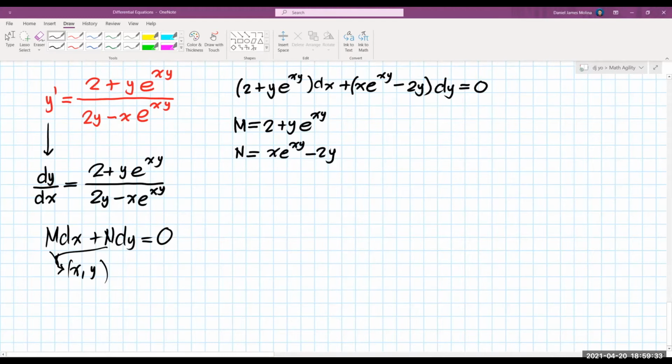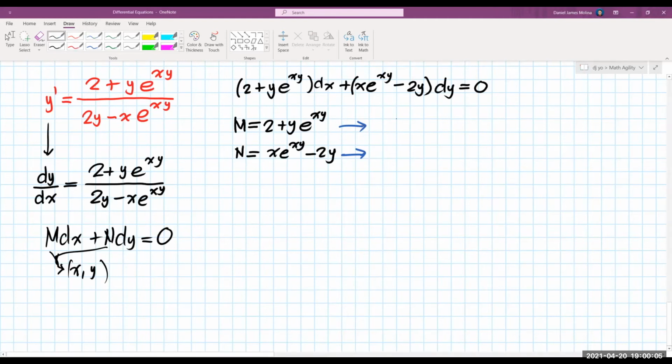If we cannot solve the equation by separation of variables or by the homogeneous DE substitution, then what we can try is to check whether the given differential equation is exact or not.